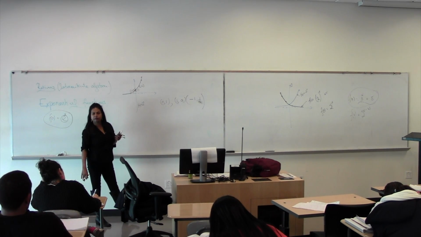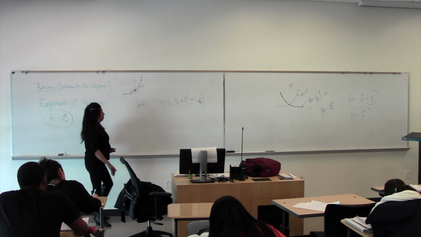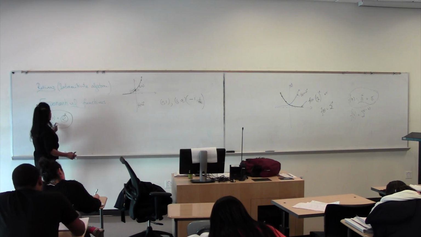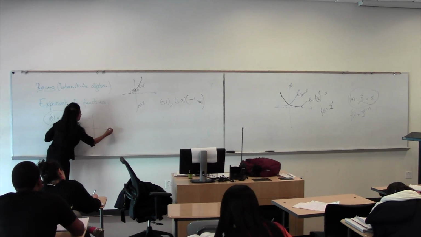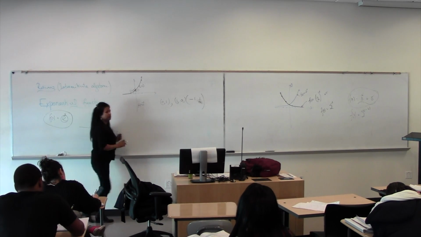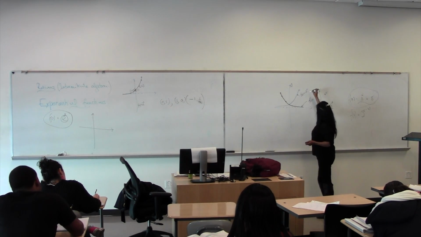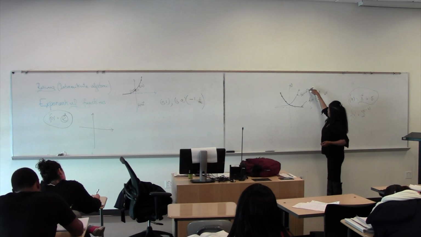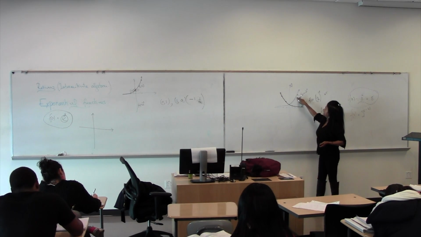Are you following me? The basic exponential functions are going through these 3 points. So all we have to do is graph e, just get these 3 points and graph e. Now the other thing we have to know here is when x is a positive number, the graph is an increasing graph.